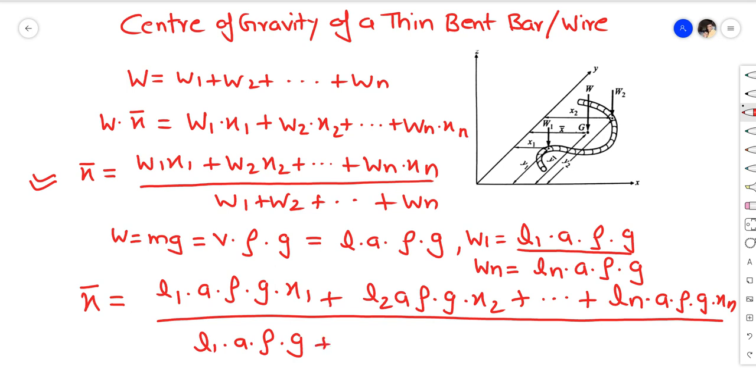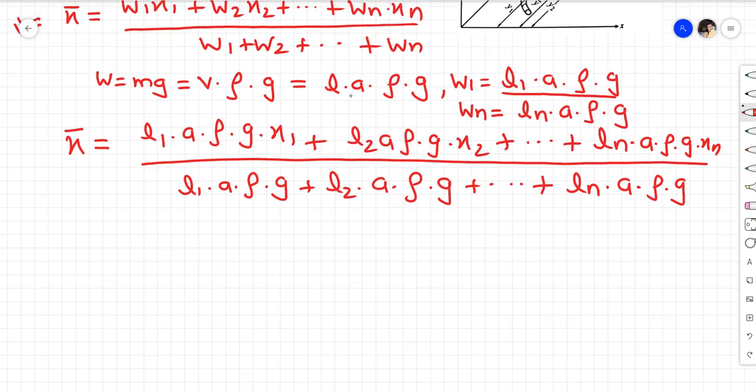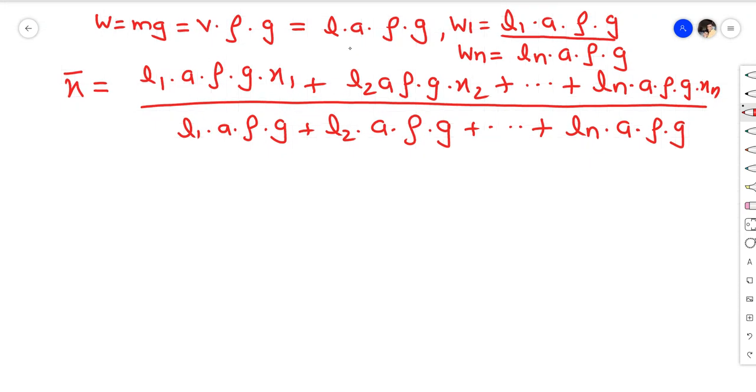plus L2 into A into rho into g, so up to Wn, that is Ln into A into rho into g. Okay, so you can see here that we can take common A into rho into g.